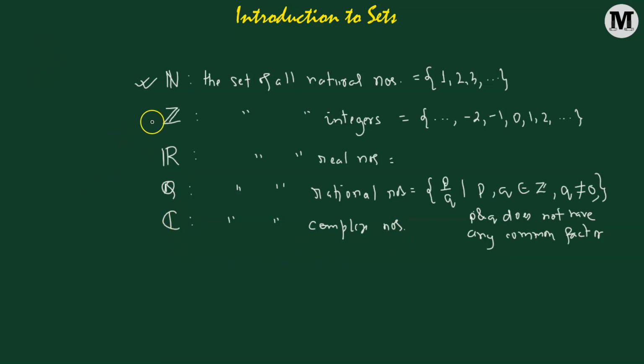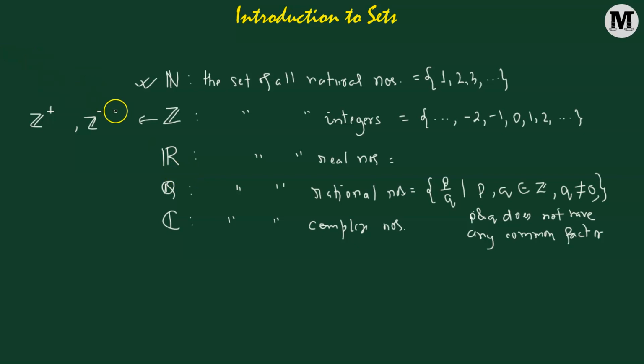Sometimes we have some other forms for the set of integers. If we want only the positive integers, then we denote it as Z plus, and if we want only the negative integers, we denote it as Z minus. Similarly for Q also, we can have the positive rational numbers or negative rational numbers. This will be dealt with accordingly.